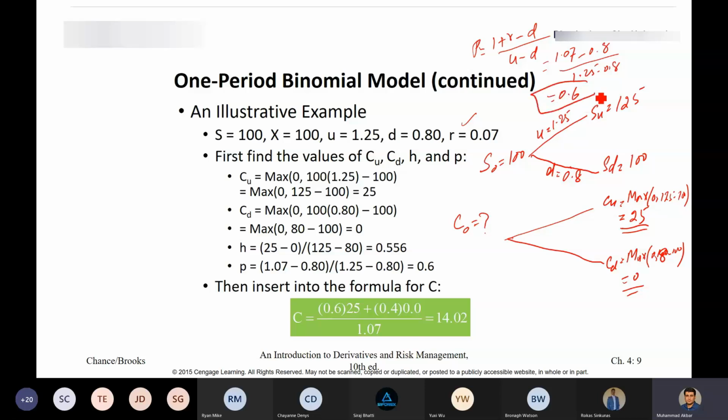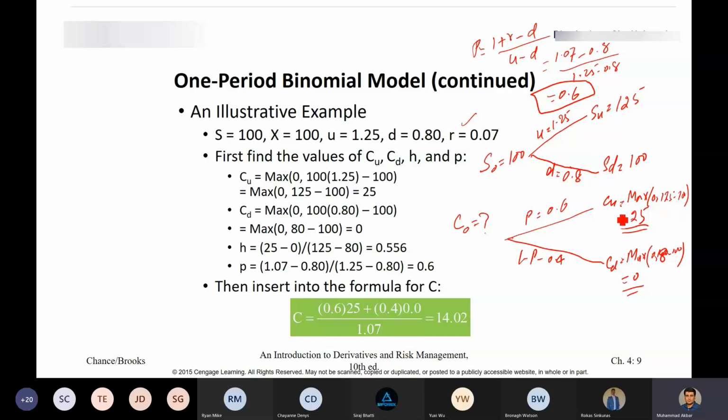So P is 0.6, and 1 minus P will be 1 minus 0.6, which is 0.4. So we now have all the inputs.